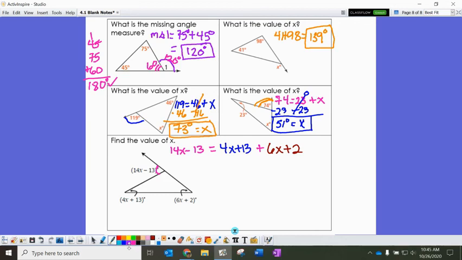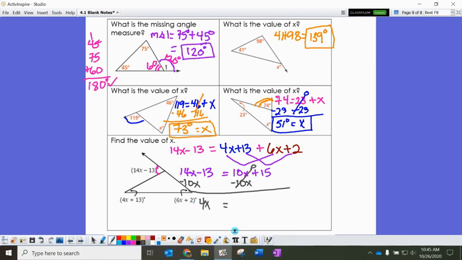Now let's just do some algebra, combine like terms, and see what we get. 4x and 6x gives me 10x. 13 and 2 gives me 15. And that just equals 14x minus 13. I want to gather my x's to one side, so I'm going to bring them to the side where I have the most x's. So I'll just subtract 10x from both sides. Cancels each other out. That gives me 4x.